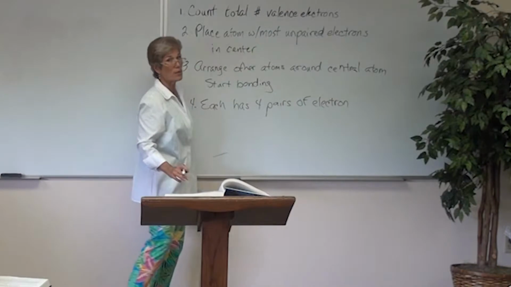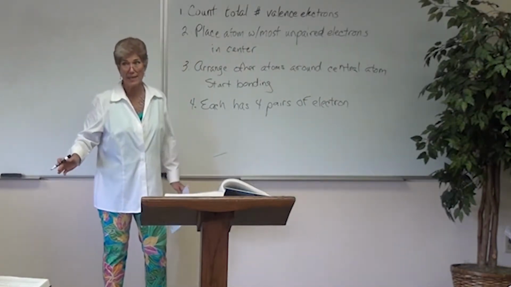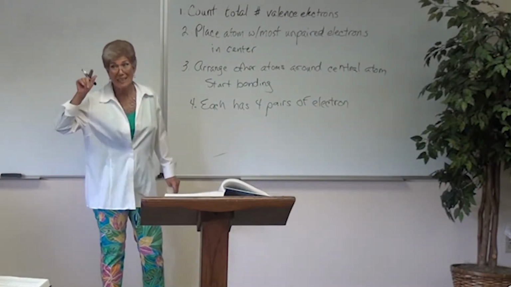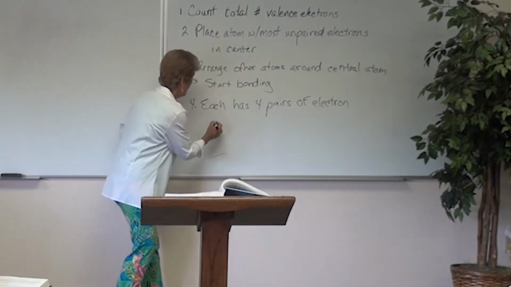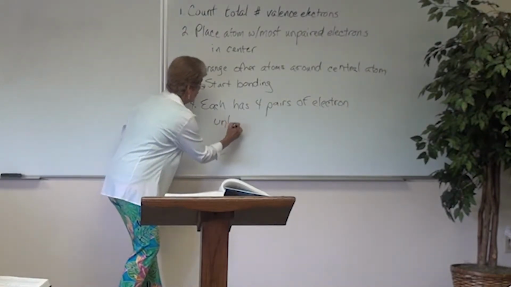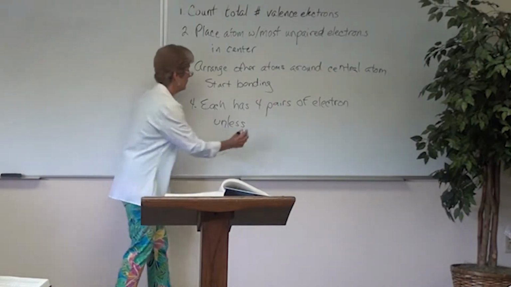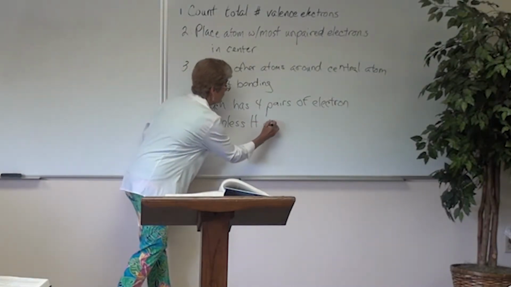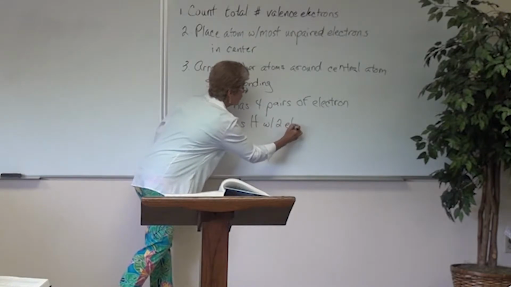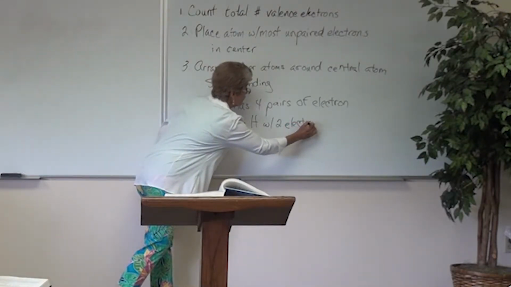An octet, right? They've hit their 8, unless it's hydrogen. And hydrogen you only want to have 2 electrons around it. So it should only have 1 pair going to it.